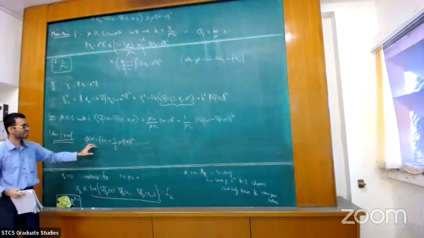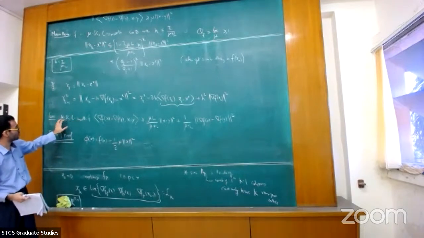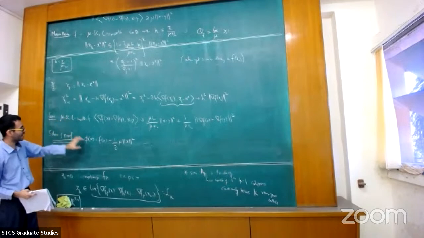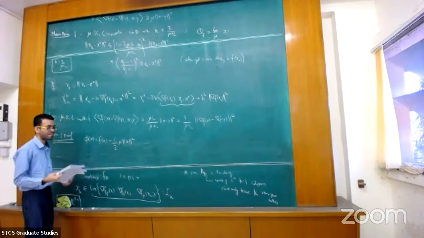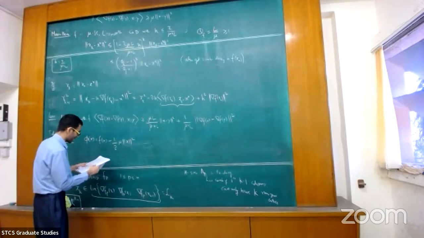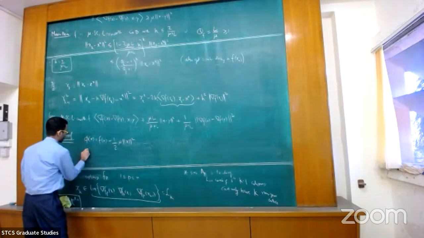Why is this useful to do? Because recall that one definition of strong convexity was that f is strongly convex if and only if this function is convex. Now I can forget about strong convexity and I'm in the familiar world of convexity.